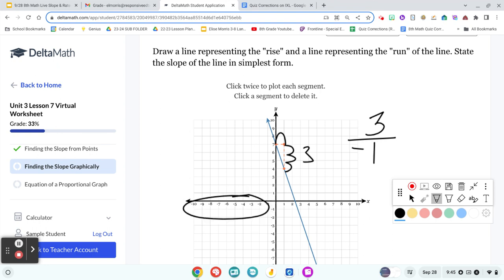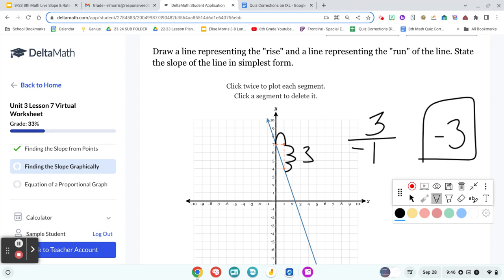When we go to the right, it's positive. See how the positives are to the right? So that x-axis can help you remember. But when you're going left, it's negative. So 3 divided by a negative 1, it simplifies to negative 3. That is our slope.